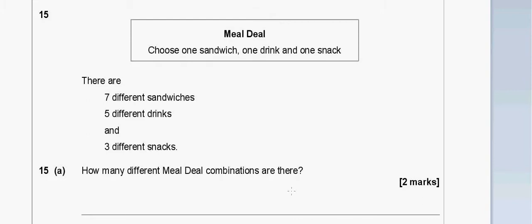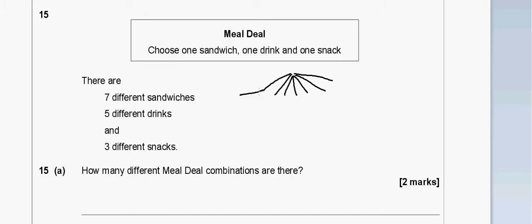So this is one of those occasions. So if you think about this logically, okay, if you've got 7 different sandwiches, 1, 2, 3, 4, 5, 6, 7, okay, 7 different sandwiches, and then 5 different drinks.